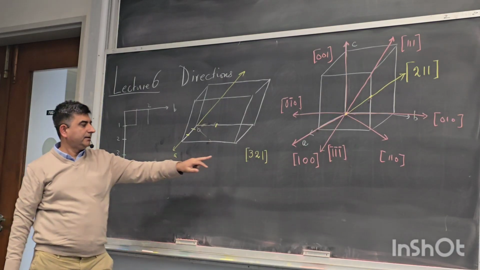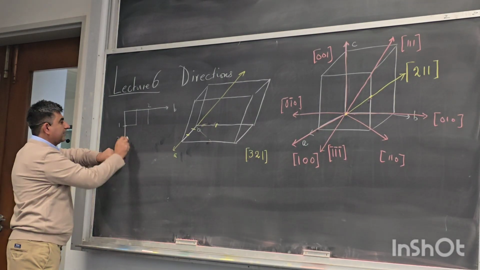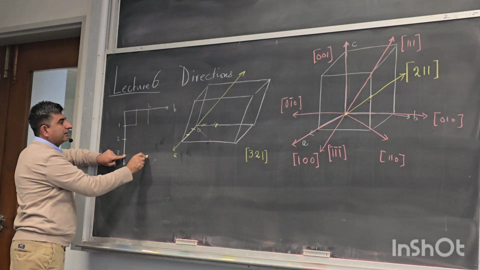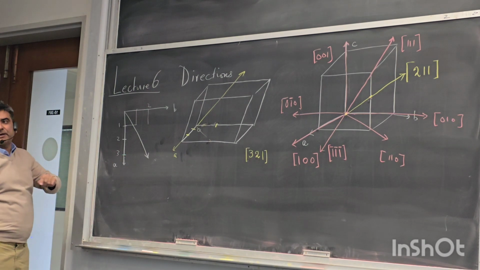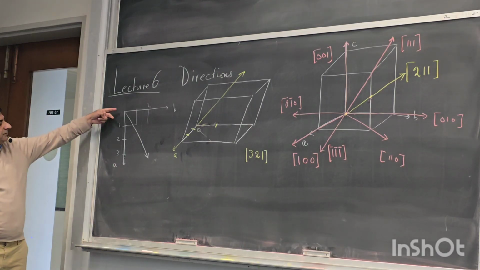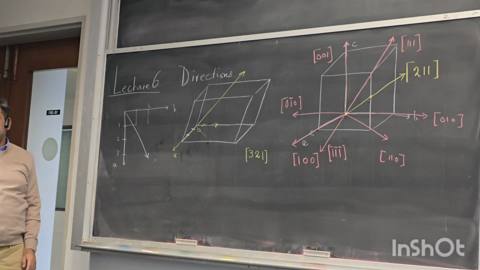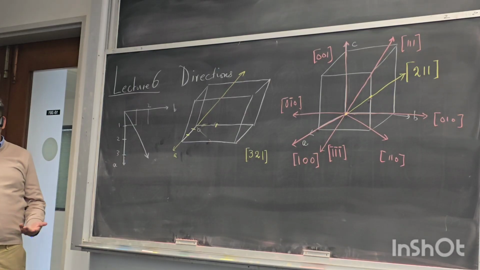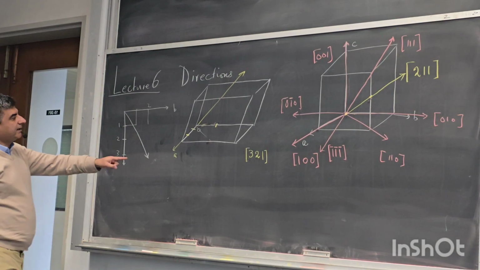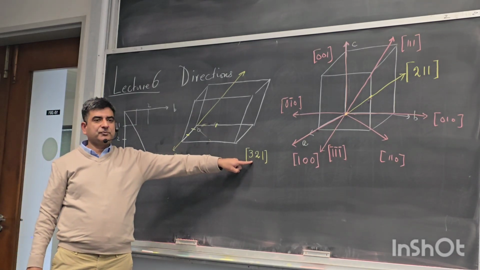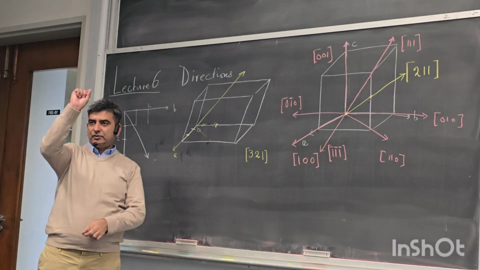So my direction is specified by square bracket [3, 2]. So I move 3 units along here and 2 units along here. This is my direction: 3 steps along A and 2 unit translations along B. This is how directions are specified. But in this particular case, since I have a 3D example, I also move 1 unit translation along C.